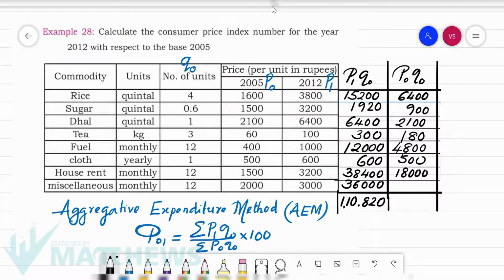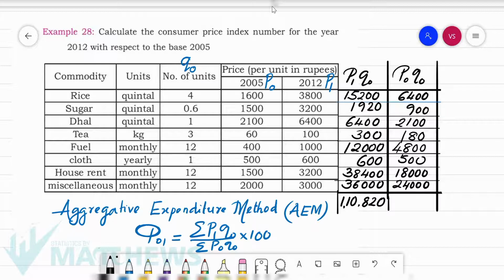Then 2,000 into 12 students. It is 24,000. I'll just do it. So now when we add up all those things, let's check whether we will be getting more than this. I don't think so.